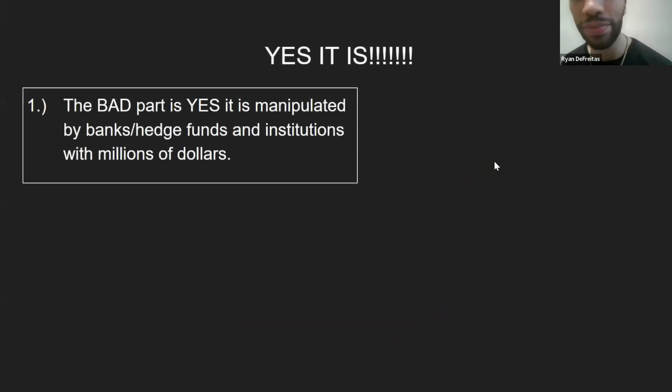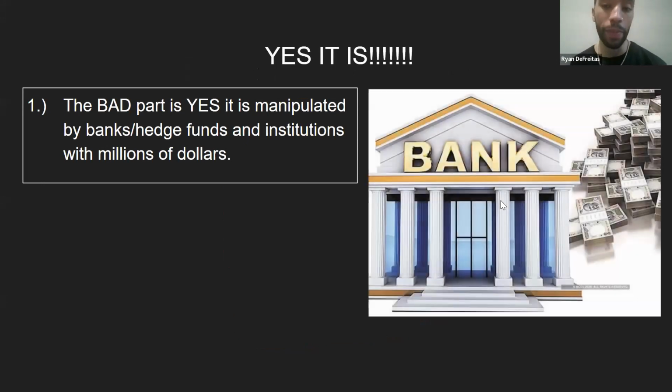Yes, it is. The bad part is that, yes, it is manipulated by banks and hedge funds, institutions. We already know that, right? The banks have the most money. Everyone's 401k, everyone's savings, basically your life, they have it.